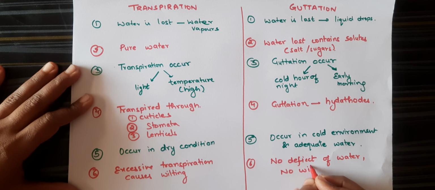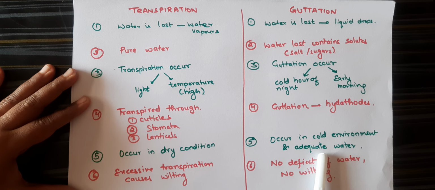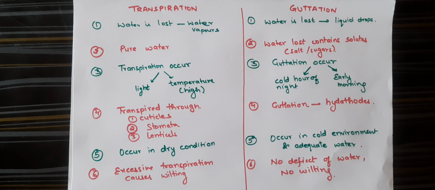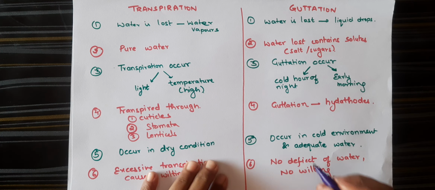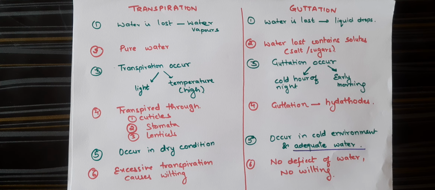Why? Because we have already read that for the guttation process, that is loss of water in the form of liquid drops, we require adequate water. So if there is no sufficient water, then this process will not happen.